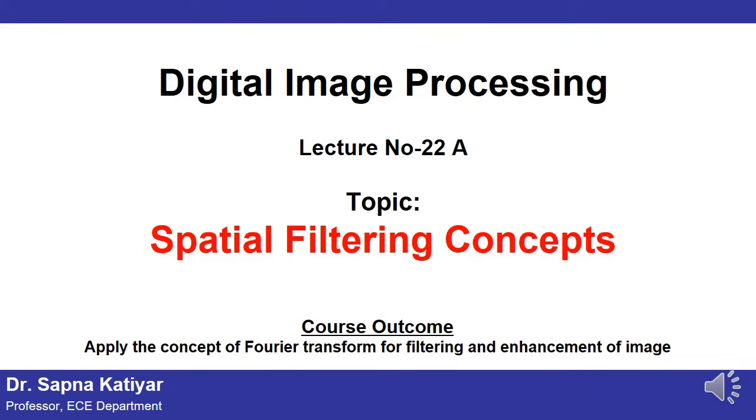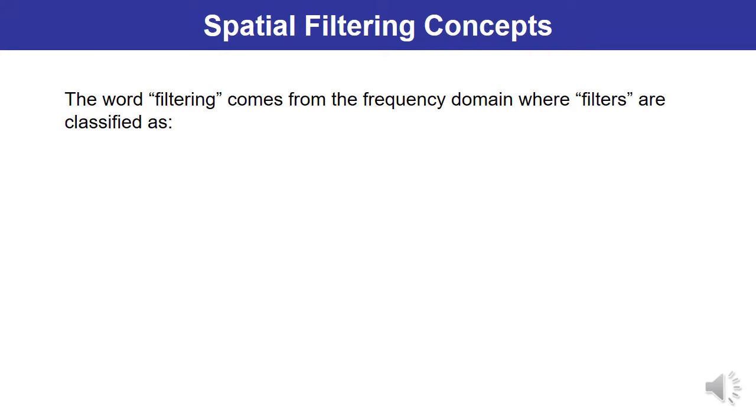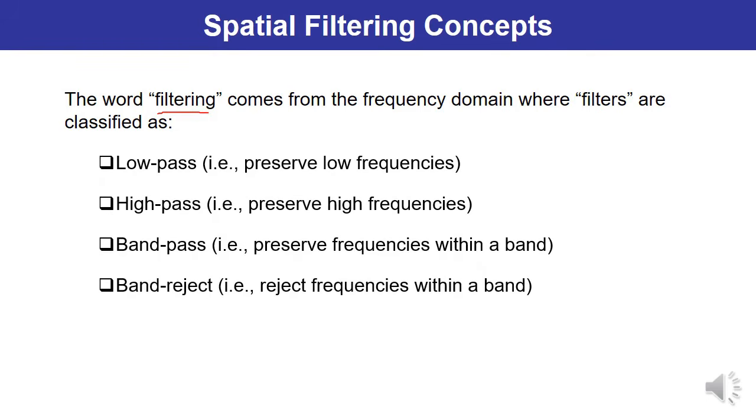Spatial domain filtering is a technique for modifying or enhancing an image. The term filtering comes from the frequency domain, where filters are classified as low pass filter, which preserves low frequencies, high pass filter, which is used to preserve high frequencies, band pass, which preserves frequencies within a band, and band reject filters, which reject frequencies within a band.